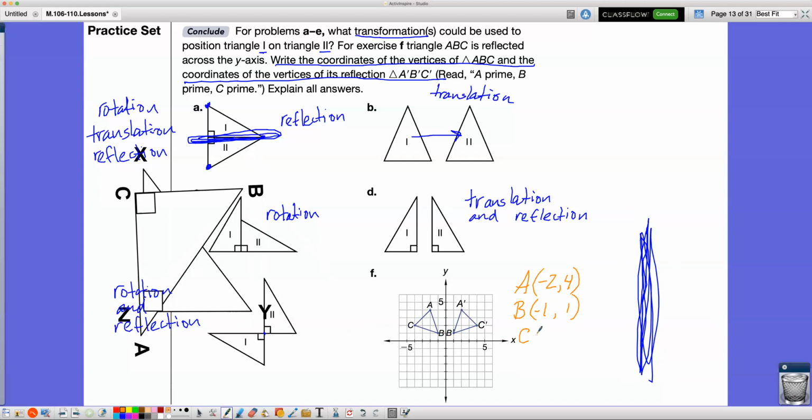C is at -1, 2, 3, 4. So it's a -4. And it's at a +2. Now what would it be for the A prime, the B prime, and the C prime? You guys go ahead and answer those right now.